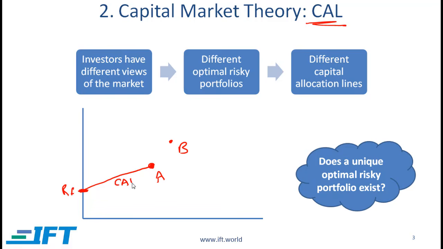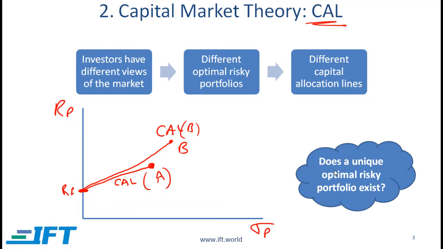This becomes the capital allocation line for A. For portfolio B, the capital allocation line will look like this. This is CAL B. The vertical axis is the return of a portfolio. The x-axis is the risk. These lines are supposed to be straight.